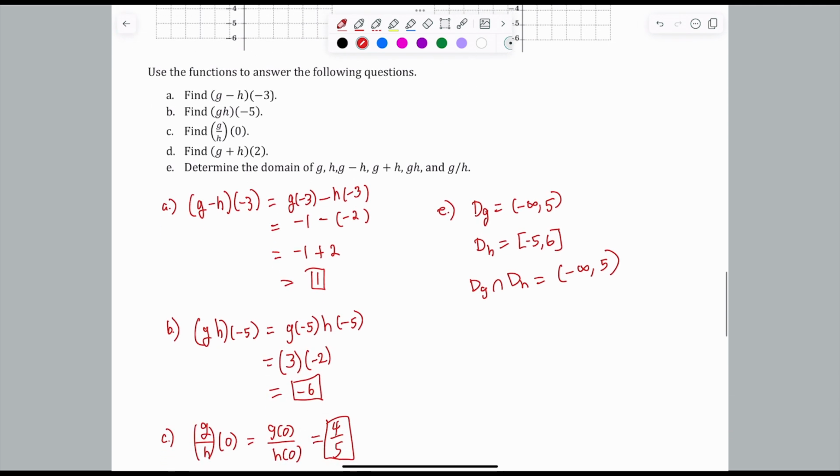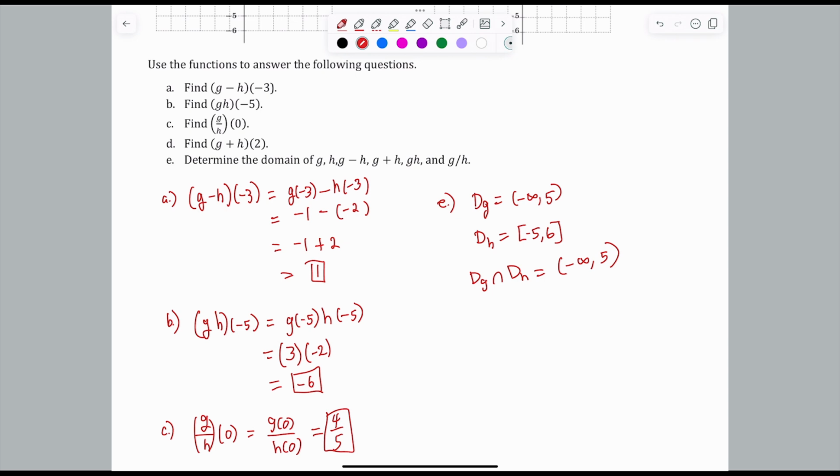We'll do a number line if that helps. The domain of g plus h is also going to equal the domain of g minus h, and also the domain of g times h. That's just going to be (-infinity, 5), because it's where they overlap.